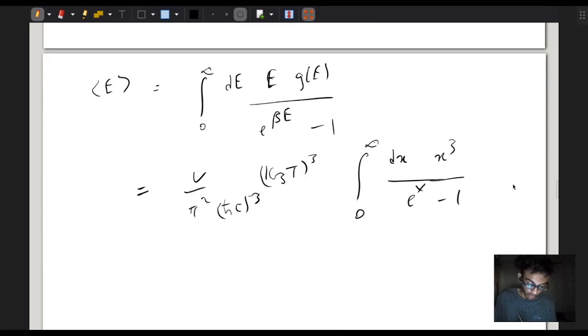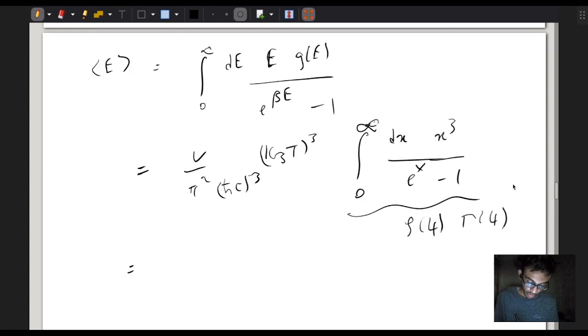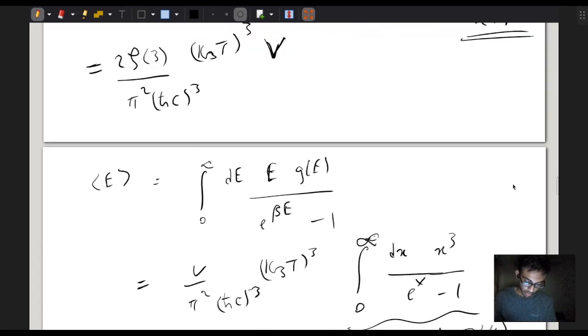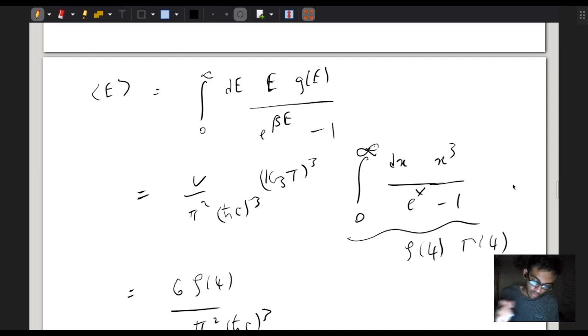So we'll be able to write this as Riemann zeta of 4 times gamma 4. So it is 6 Riemann zeta 4 by pi squared h bar c whole cube, k_B T to the power 4.